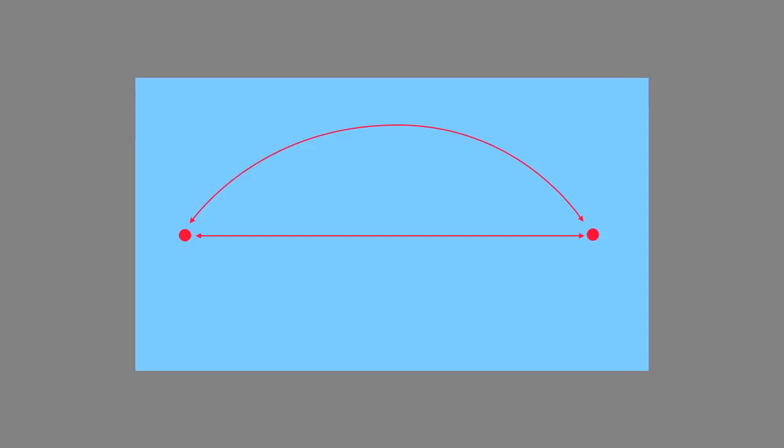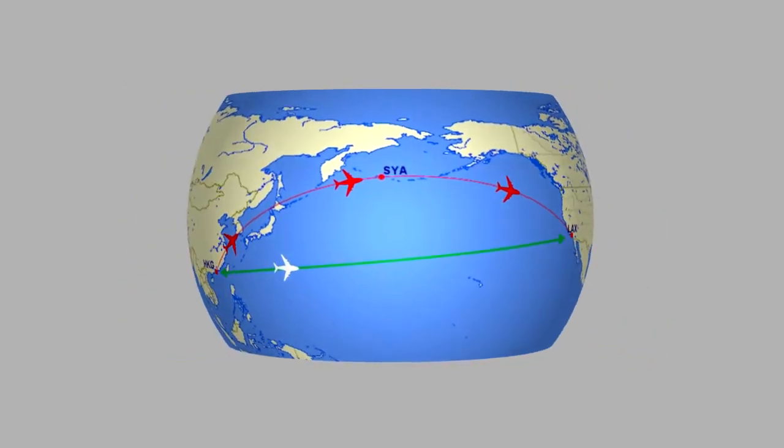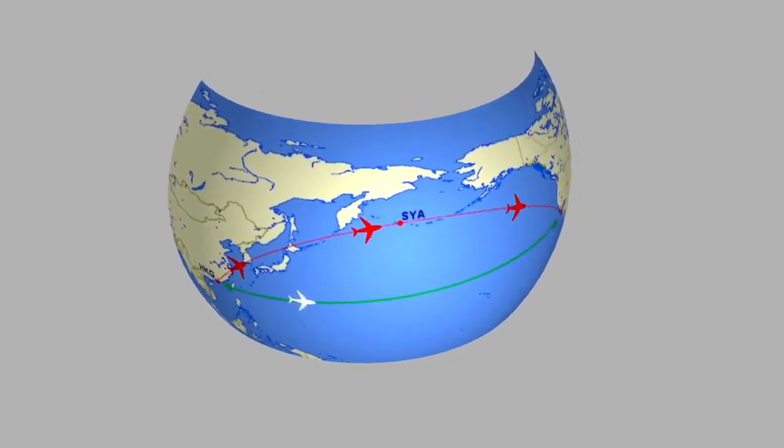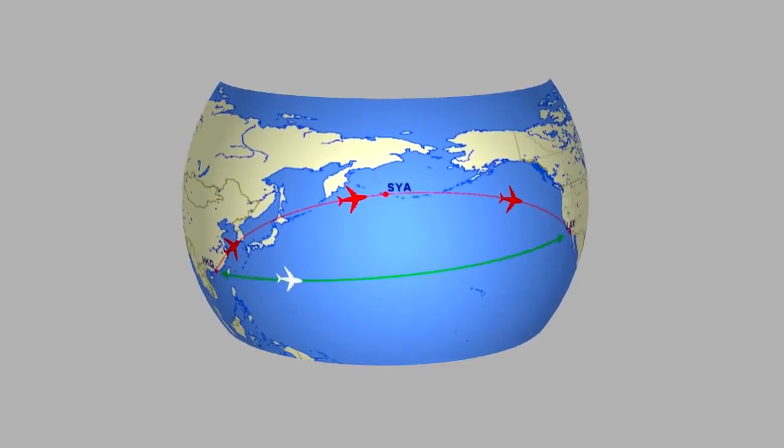So as I mentioned in that video clip, the shortest distance between these two dots is a straight line. If I map this planar surface, if I UV map it onto a ball, onto a sphere, the shortest distance would still be the straight line. That's true, and we're going to prove it in another way. So the point was, the plane traveling on the red route was actually, its flight path was actually curved.